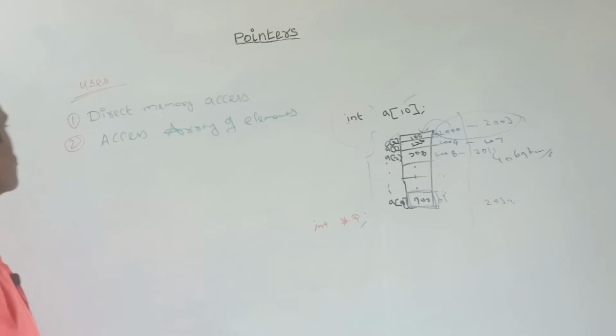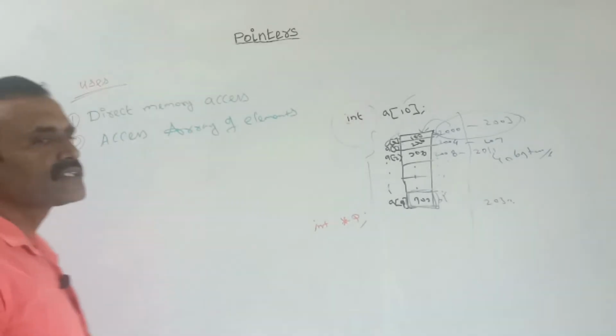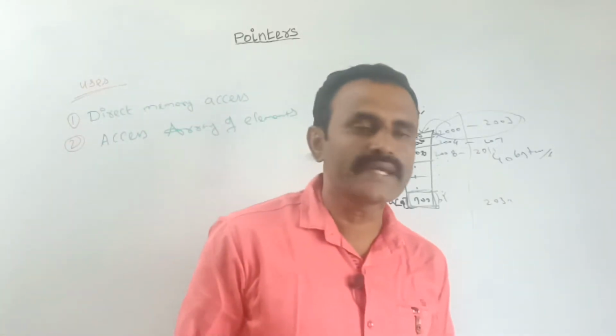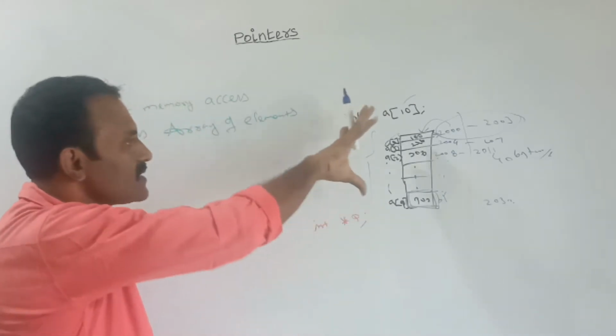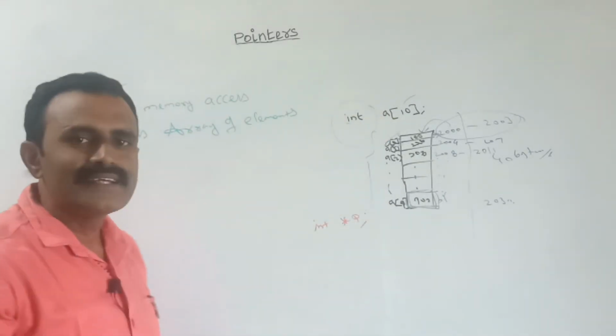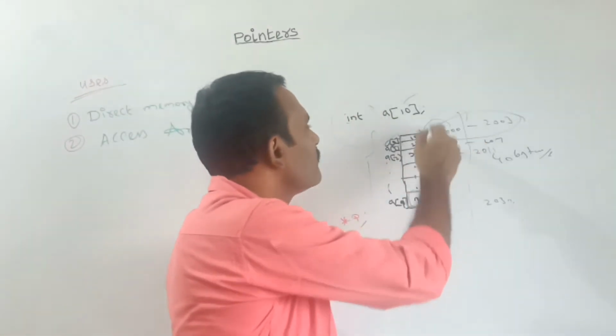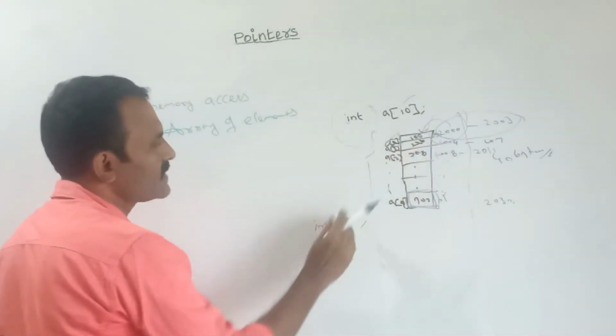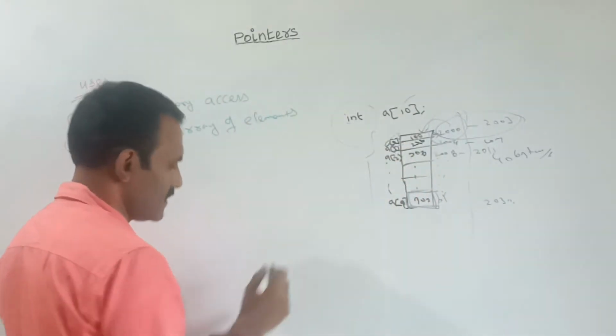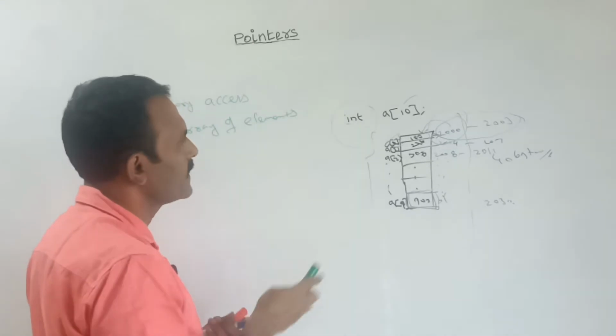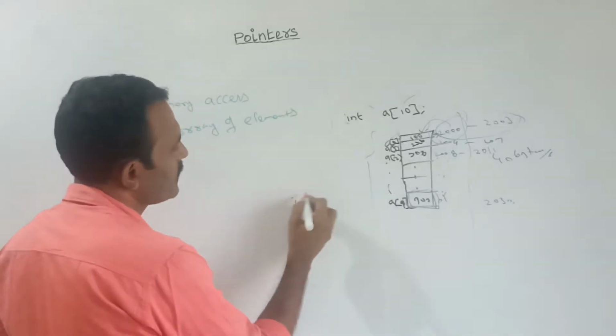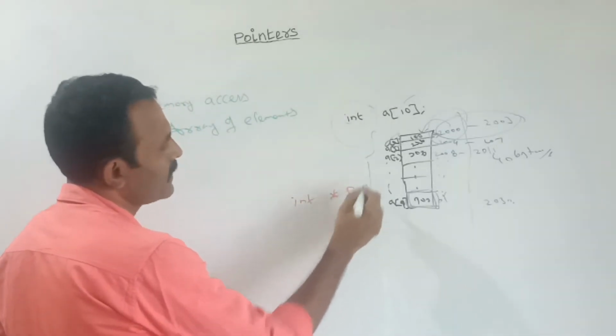So here what is this one? The second use is to access the array of elements. If I need to access this array of elements, simply if I catch this first address, that's enough. See here, for example, suppose I am declaring an integer pointer variable *p.